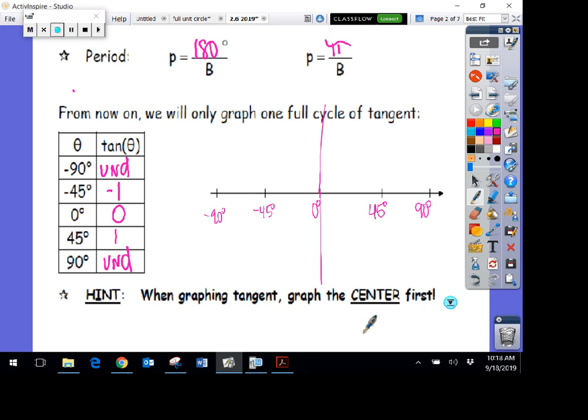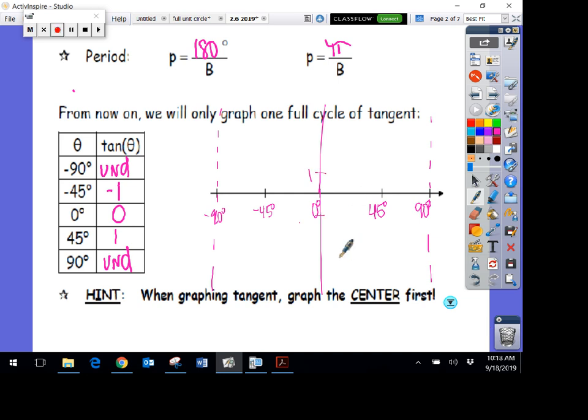Our y-axis is still at 0 degrees or 0 radians. It's going to be at 0 wherever that 0 is. We have undefined at negative 90 and positive 90, and that again is a pattern. It will always happen for your tangent, and when we do cotangent, in the middle, your asymptotes are always going to be on the ends because we want to graph one full cycle all at a time.